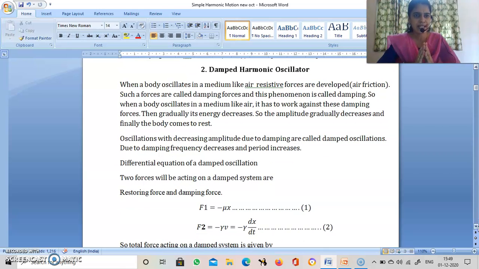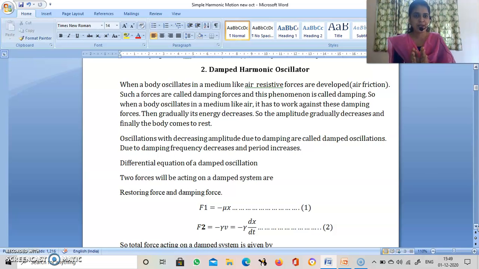We need to consider a system or a body that oscillates in a medium like air. Then surely there will be some resistive forces that act on that system. Such forces are called damping forces, and this phenomenon is known as damping. So when a body oscillates in a medium like air, it has to work against these damping forces.